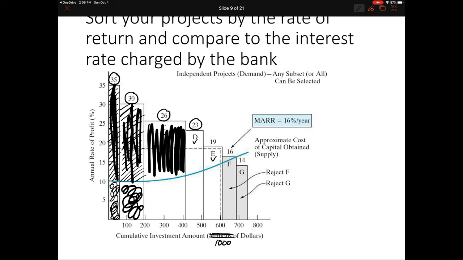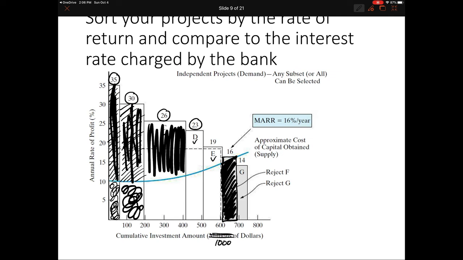Then this is the interest rate you need to pay, and this is how much profit you can make. If you compare that with how much you need to pay to the bank, the area is almost the same, which means the little more you borrow from the bank barely covers the interest you need to pay to the bank.